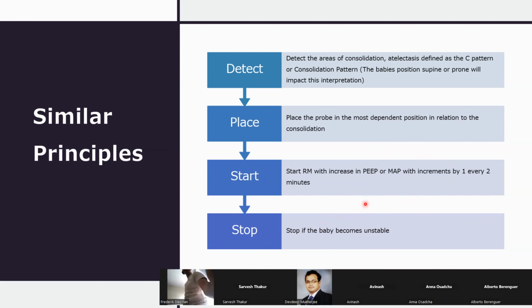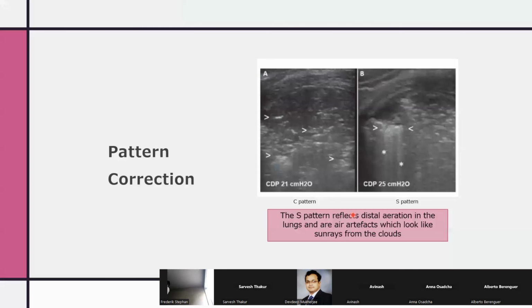But if the baby was oscillated, they increased the MAP. And they monitored the baby hemodynamically, blood pressure, heart rate. And if those babies started desaturating, the blood pressure started dropping, despite this recruitment maneuver, then they would stop. And really, that was the protocol that was used in this study.